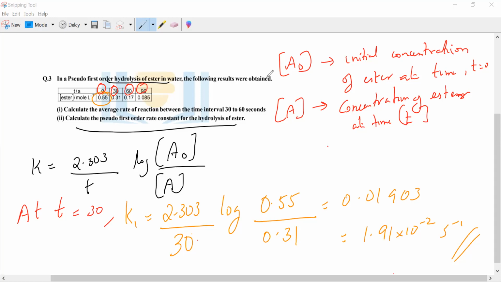So next one, if you're done with this, what is the next one? At time t is equal to 60 seconds, k2 is equal to what?